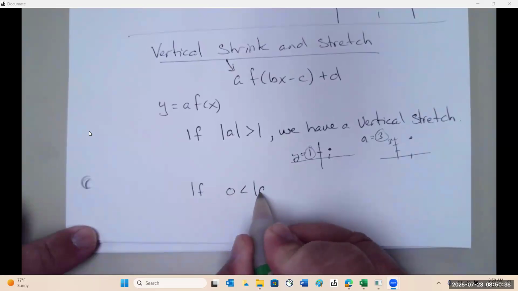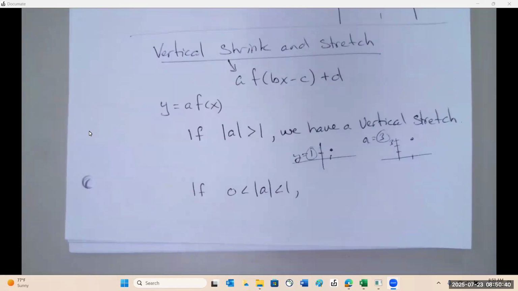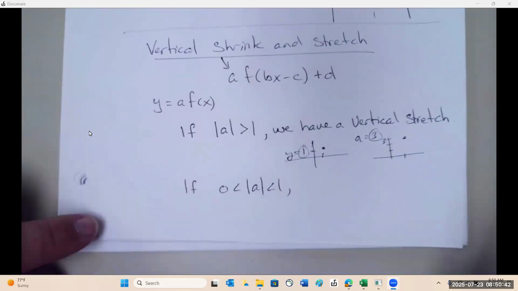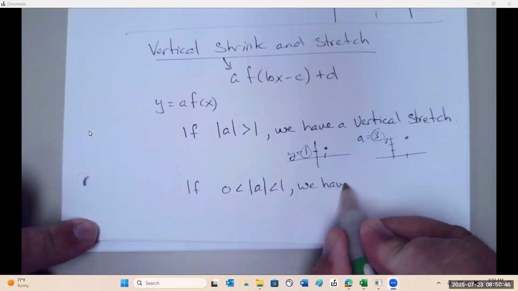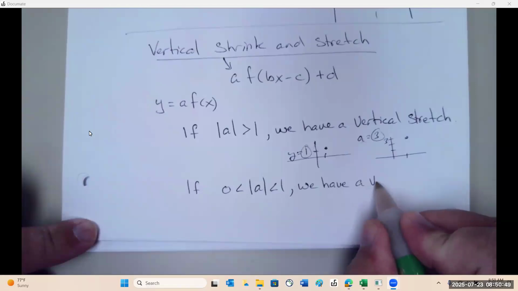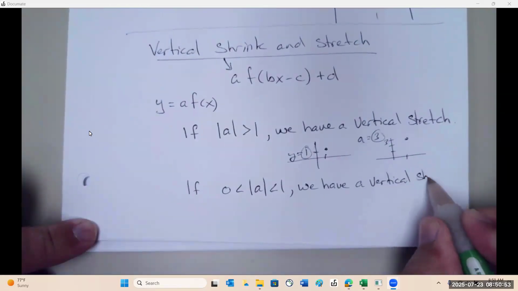If the absolute value of A is between 0 and 1, meaning it's a fraction, then we have a vertical shrink.